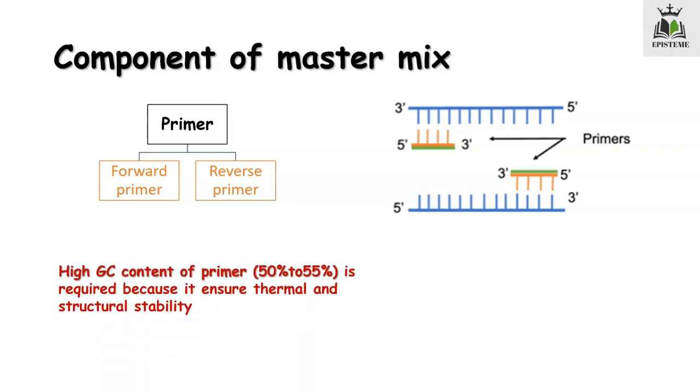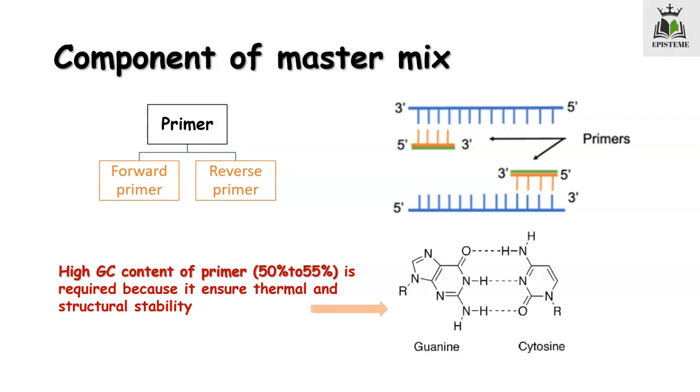These primers are usually prepared in labs according to our need, and they usually have a high content of GC in the strand. This is because between the bases guanine and cytosine, 3 hydrogen bonds are formed.